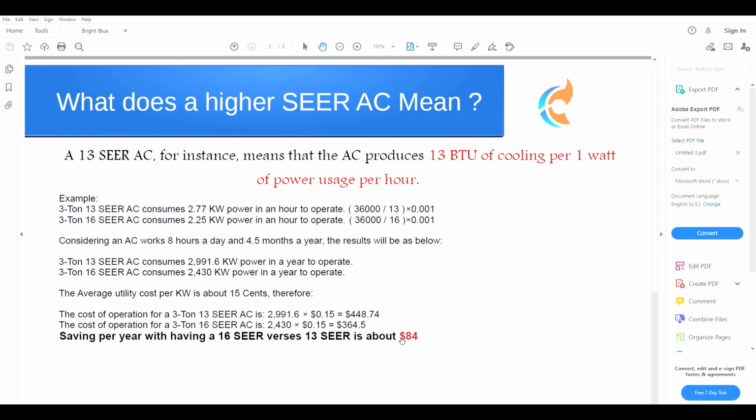So this $80 can be 60, 50, or it can be 90, 100, but $80 with our calculation. So $80 in 10 years, you will save $140. Does it worth it? To me, no, it does not.